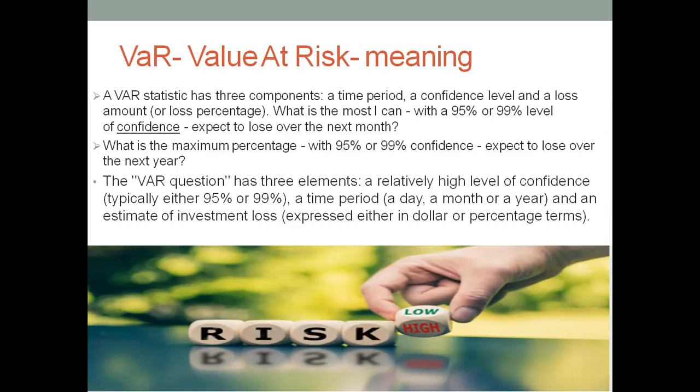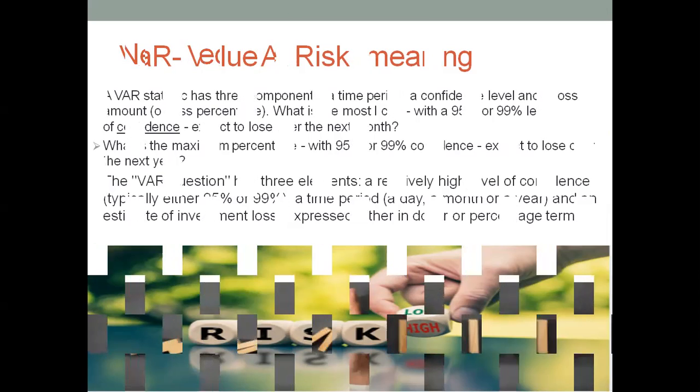This means that you are 99% confident that the maximum amount of loss that may occur is 1 lakh in the month of January. This is the real meaning and its significance.